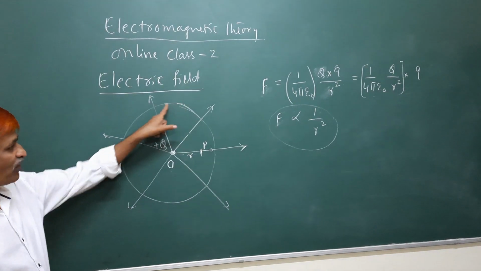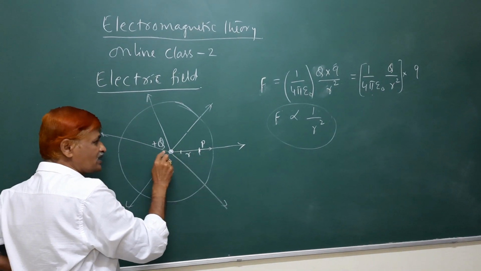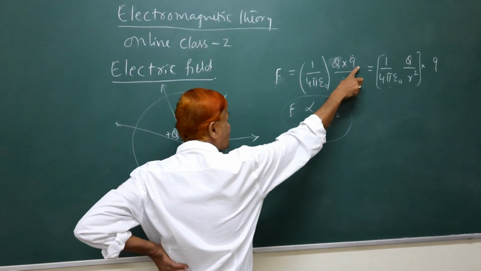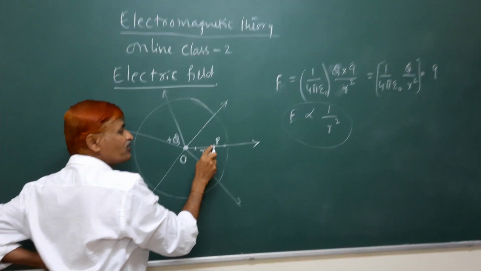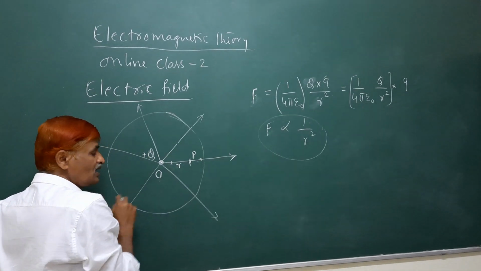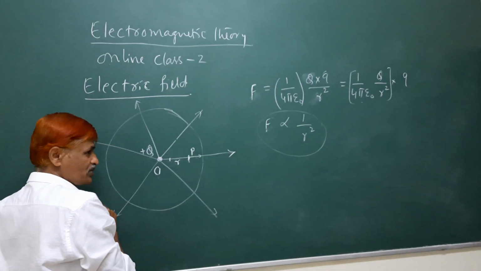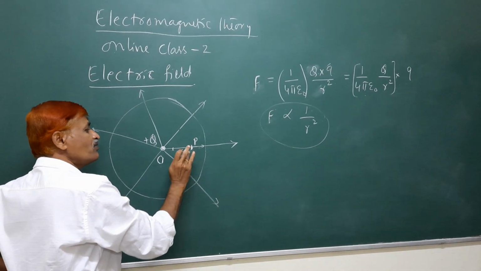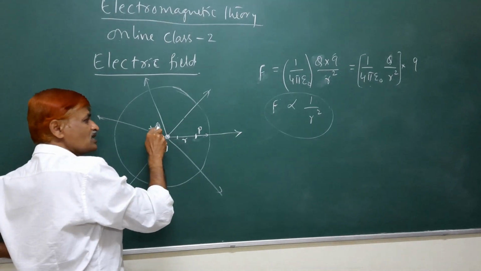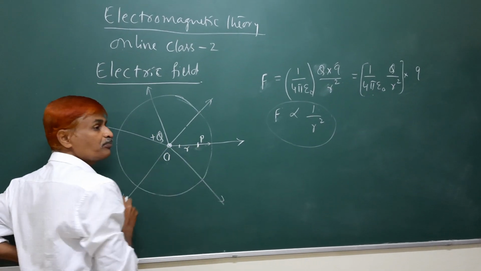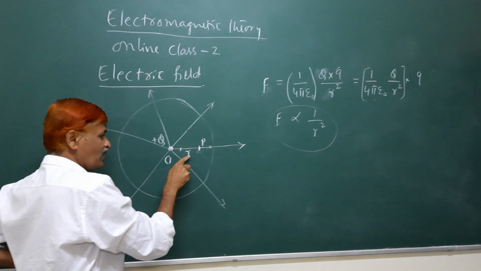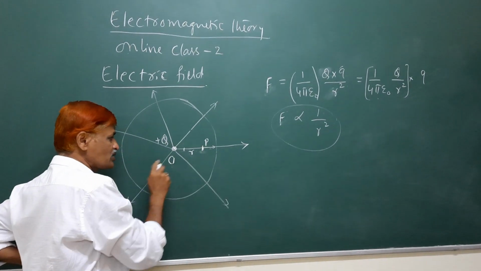The force experienced by the second charge is different at different places. As R changes, the force also changes. For that reason, we define the strength of this charge at any point P. P is an arbitrary point, and R is subject to change.